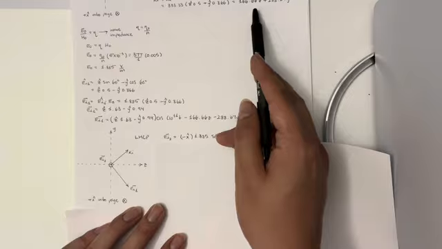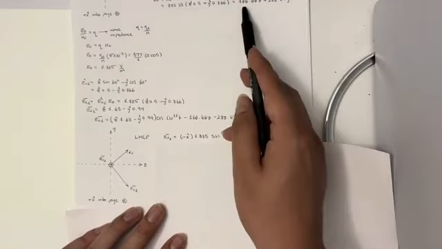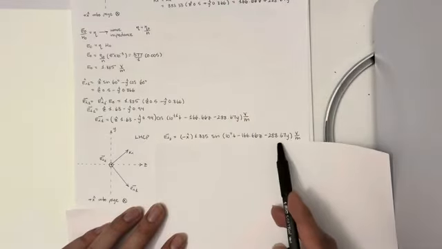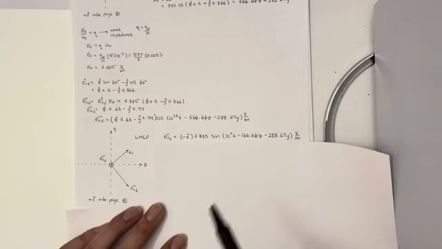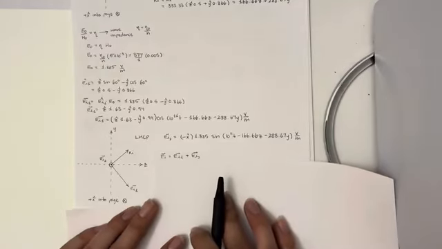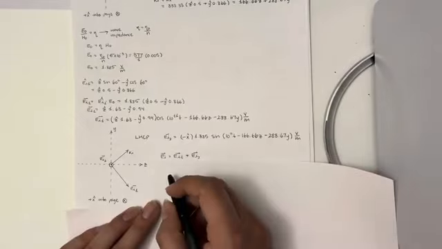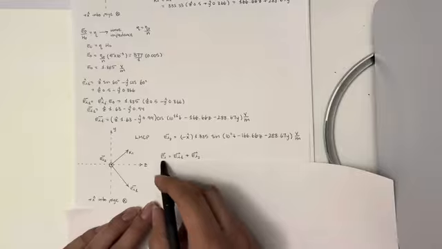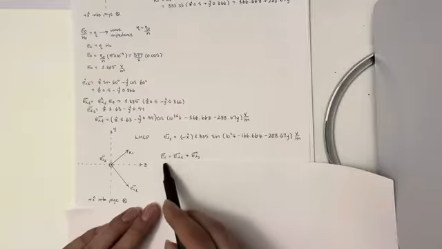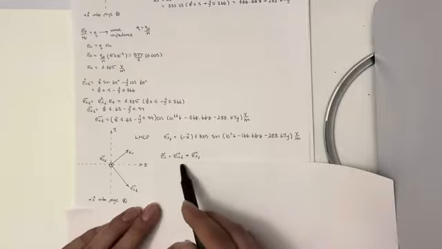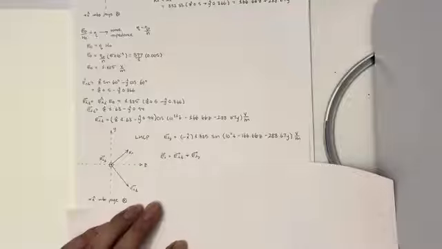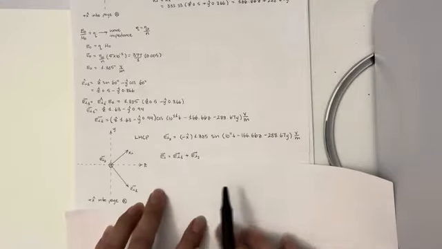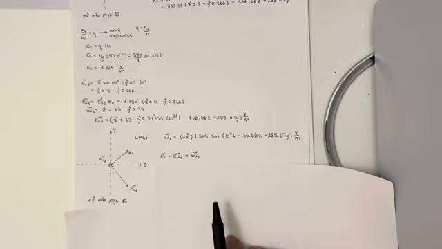And then again, our wave vector becomes, since this is positive, it becomes negative. And then our units. And then we finally combine them into one equation. So the incident E field is equal to the incident E field 1 plus incident E field 2. And that's how we solve for the incident E field.